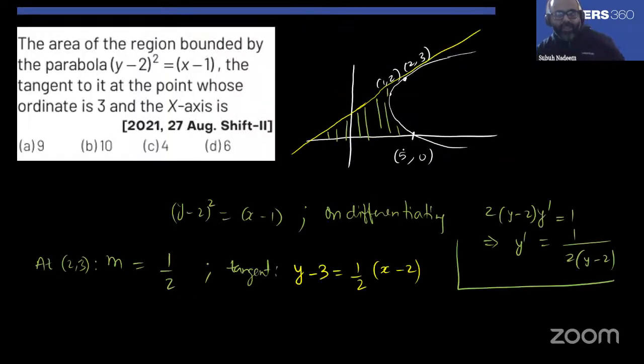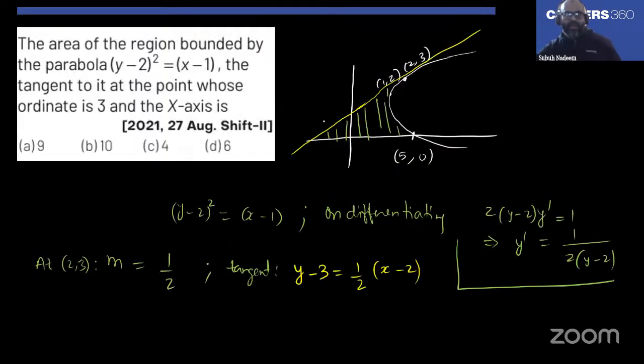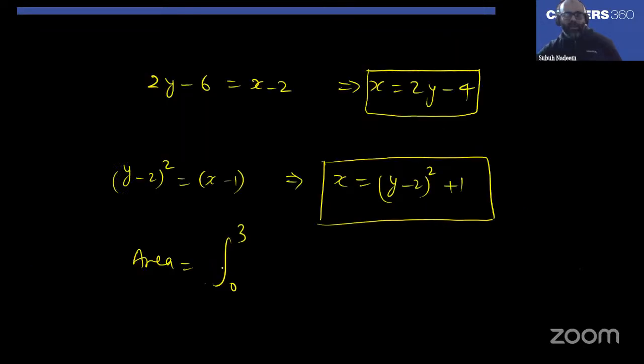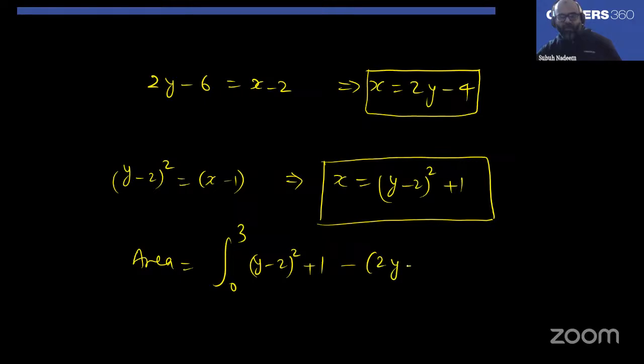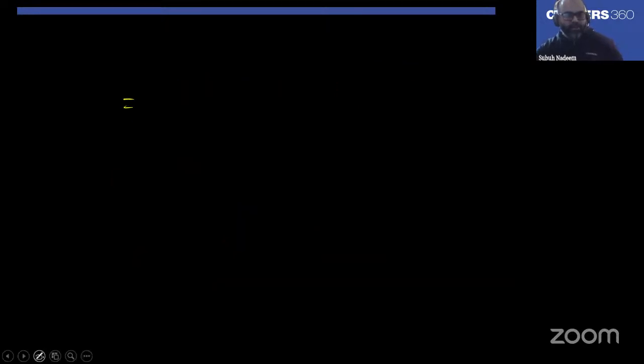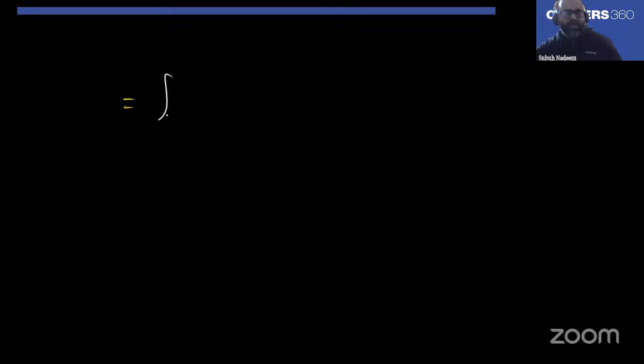Now this shaded region will be from y 0 to 3. Right curve is that of parabola, that is (y minus 2) whole square plus 1, minus left curve, that is of tangent, 2y minus 4, dy. So what we get here is integral from 0 to 3.